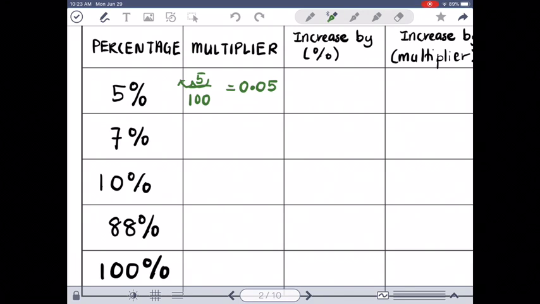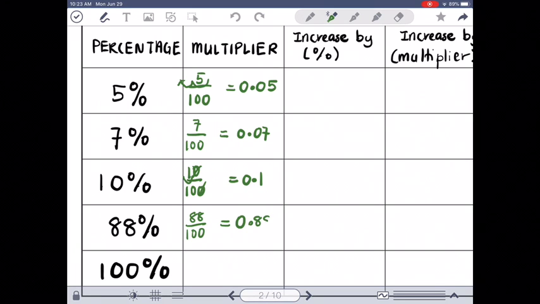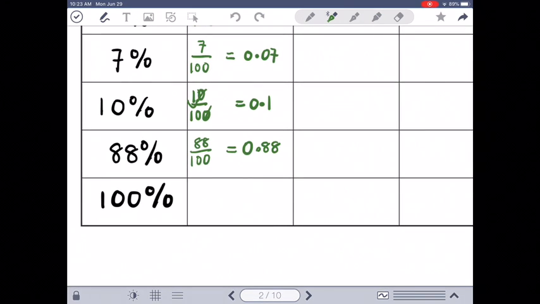For 7%, it will be 0.07. For 10%, it will be 0.1. For 88%, it would be 0.88. And for 100%, it is going to be 100 divided by 100, which is 1.